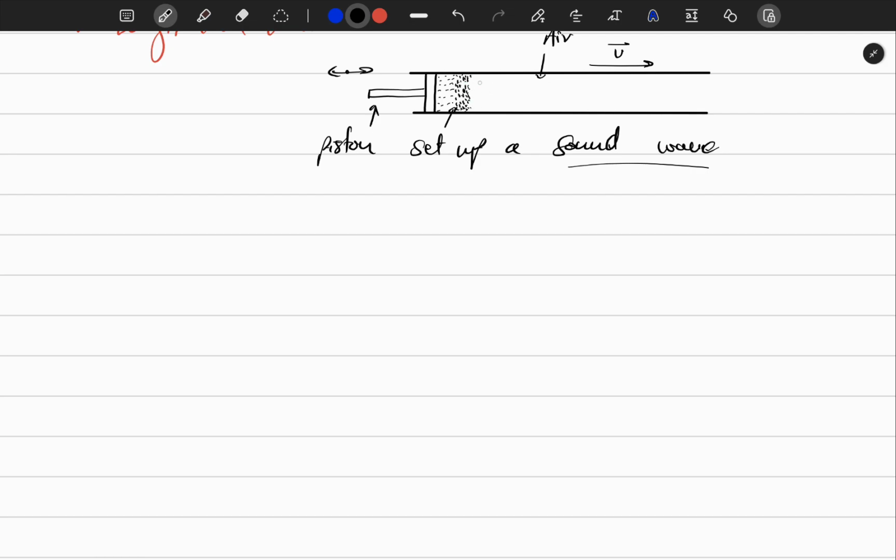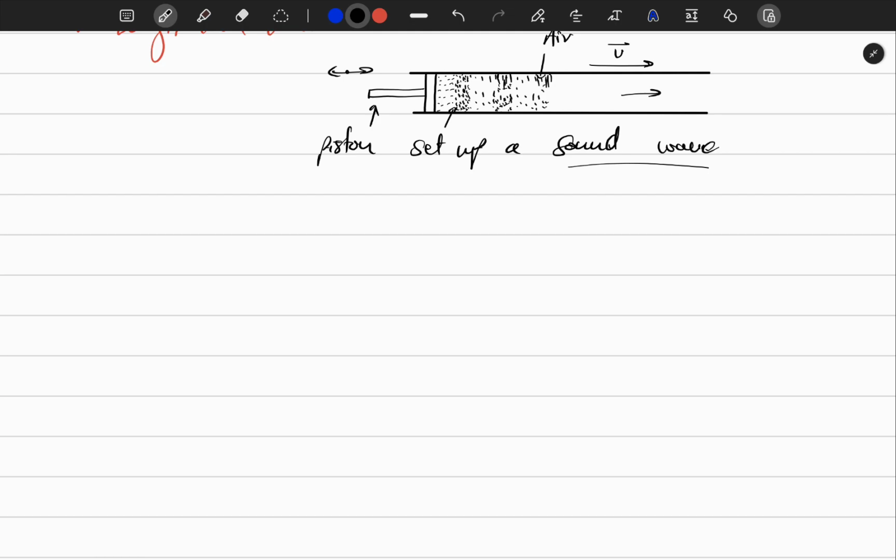So the wave will look like this. There will be alternately some dense portions of the air and some rare portions of the air, and this disturbance will travel with velocity v in this direction. So this type of wave is called a longitudinal wave.